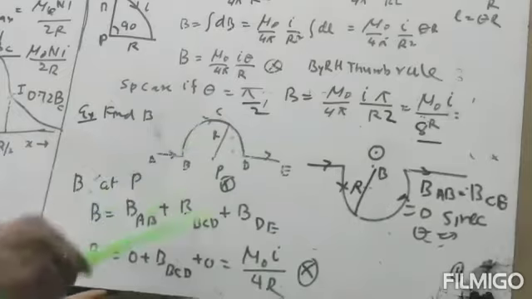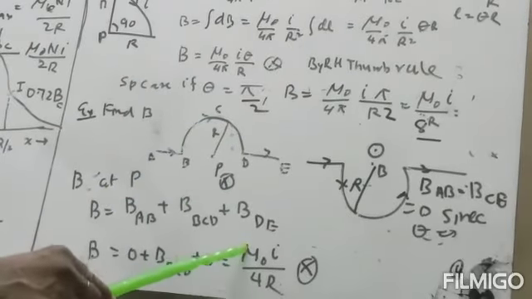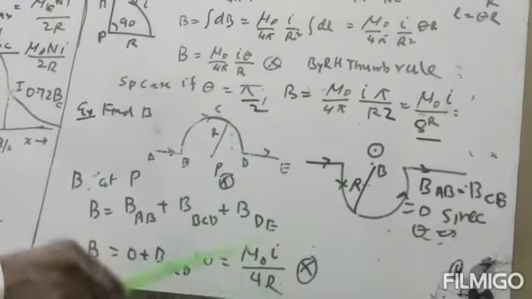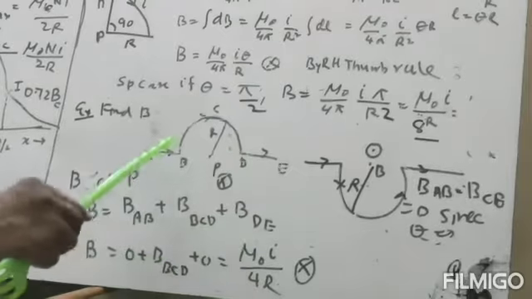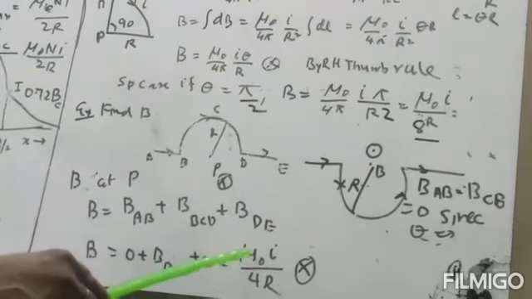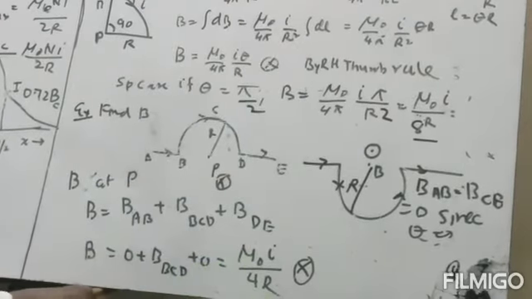If it is a complete circle, then it was equal to μ0 I/2R. So it will be 50%. If the half circle is there, it is μ0 I/4R.